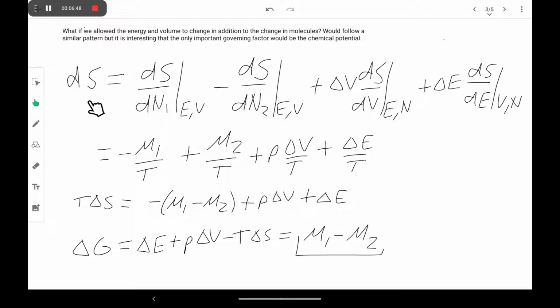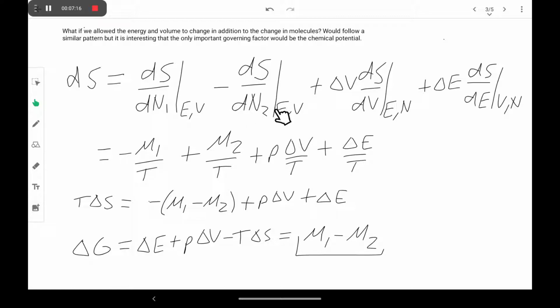So following a similar pattern as before, if we want to find the change in entropy of the system when everything can change, we change one thing, holding the others constant. In this case, it has a factor of dn1, but we'll just let that be 1. This also has a factor of dn2, which would be -1 in this case, for this general example. It's not necessarily the same as before. It's just a general example.